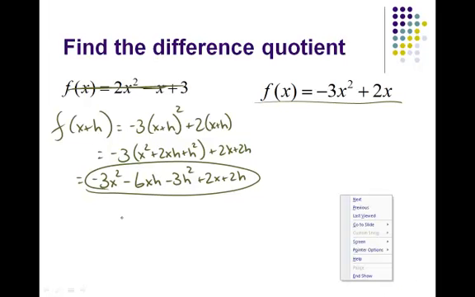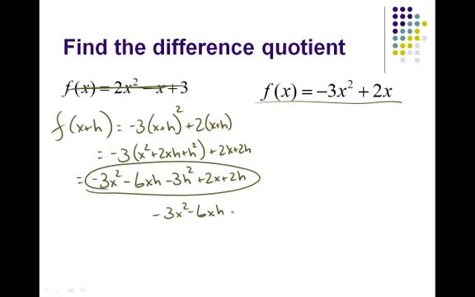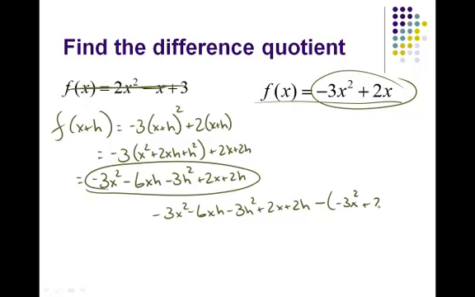Putting this into my difference quotient, I have negative 3x squared minus 6xh minus 3h squared plus 2x plus 2h minus my original f of x, all over h. Again, if I distribute the negative sign, this becomes positive, this becomes negative, and I can cancel.